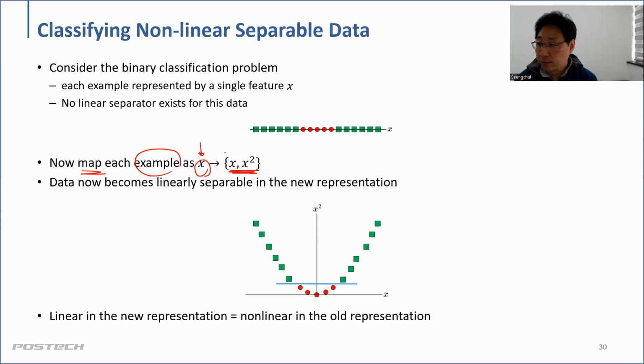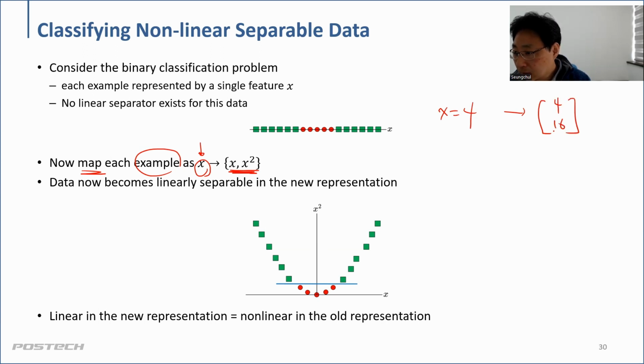There's no additional information needed. Whenever x is, say, 4, we can have 4 and 16. We can do this automatically. Now we have 2 coordinates, so it looks like we're in 2-dimensional space.